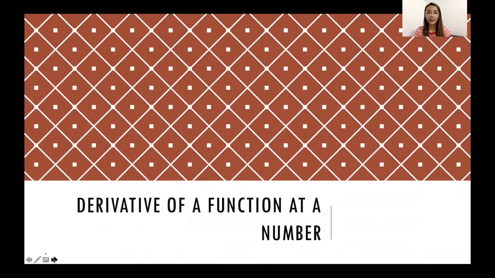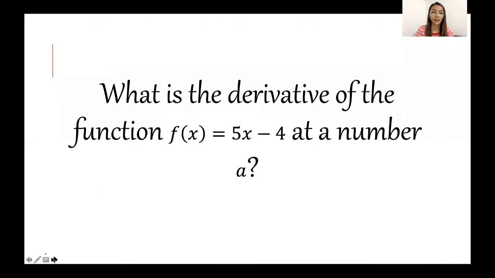Okay, so let's go now to the derivative of a function at a number. Question: what is the derivative of the function f of x is equal to 5x minus 4 at a number a? Actually, madali na lang siya since you already know how to find the slope of a tangent line of a function.